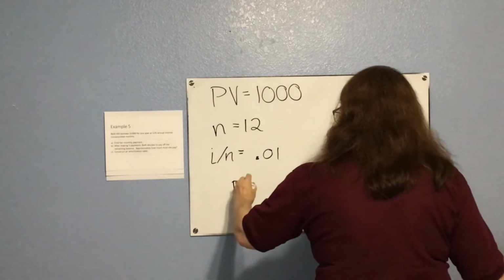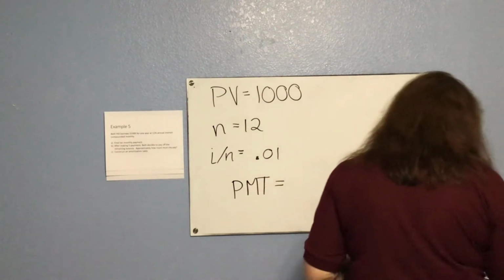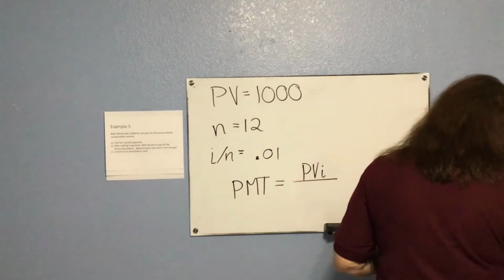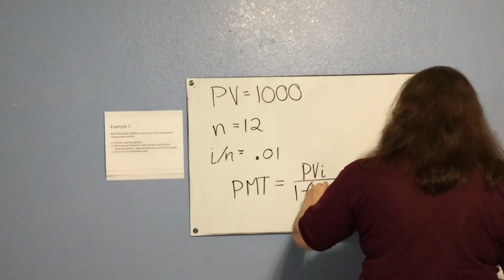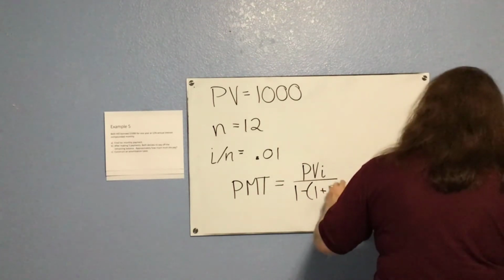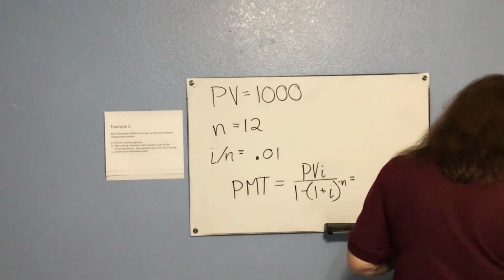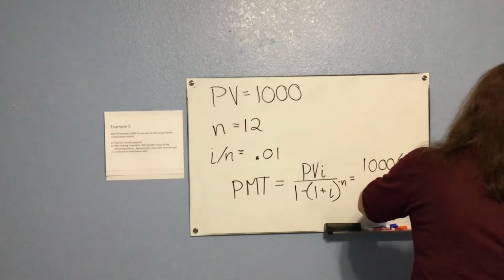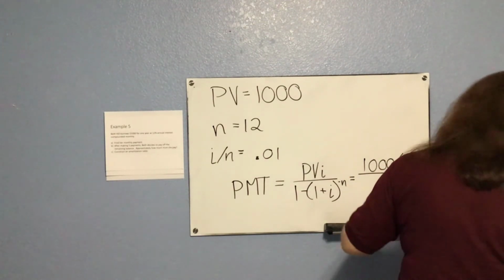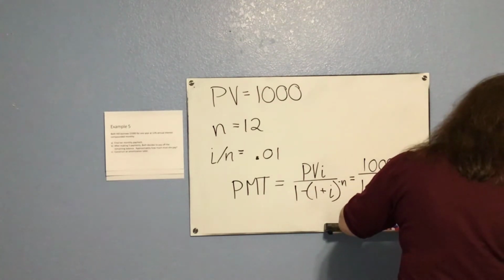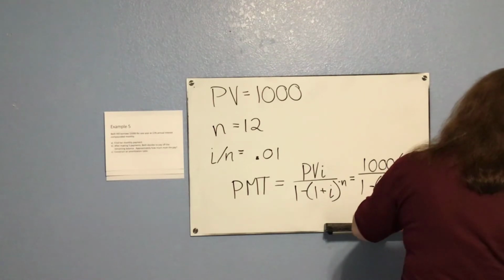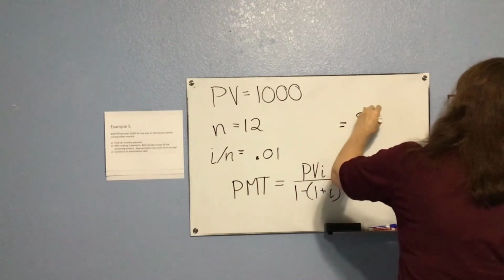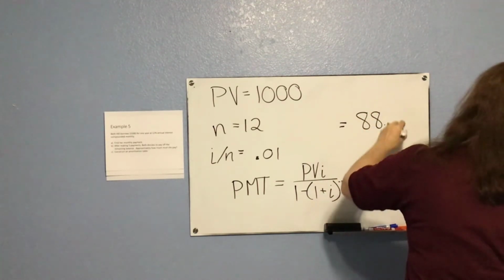So her payment is equal to PV times I over 1 minus (1 plus I) to the negative n power, or 1,000 times 0.01 over 1 minus 1.01 to the negative 12 power. And this gets us a payment of $88.85.